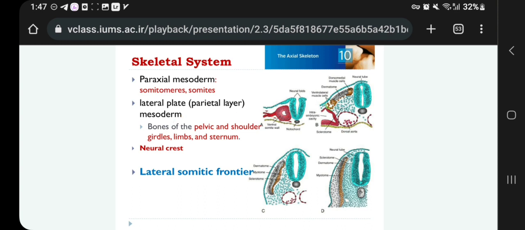The next part is the intermediate mesoderm, from which the genitals develop. And the next part is the lateral plate mesoderm.